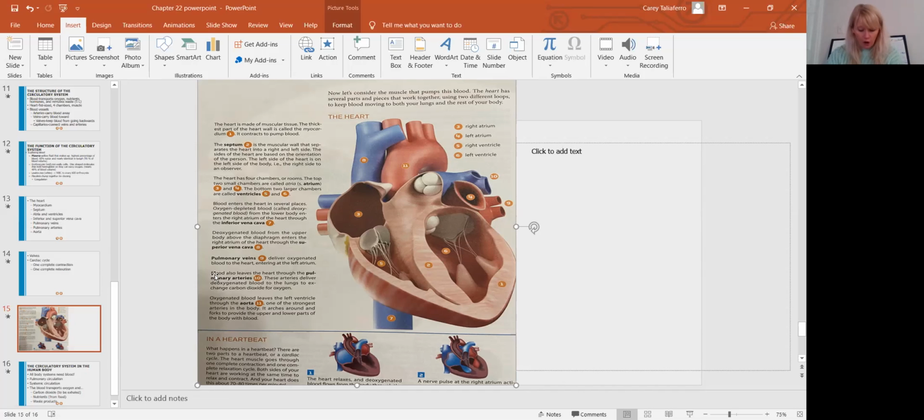All right, there are 2 parts to a heartbeat, and this is called the cardiac cycle. For every cycle, there's a complete contraction and a complete relaxation. And both sides, left and right, are working at the same time to relax and contract.